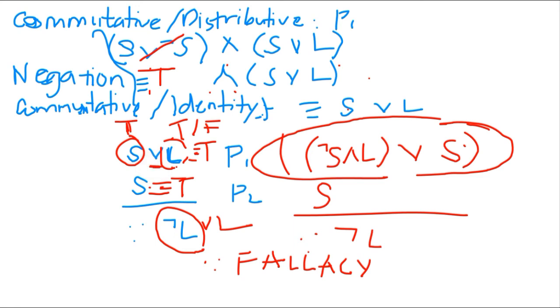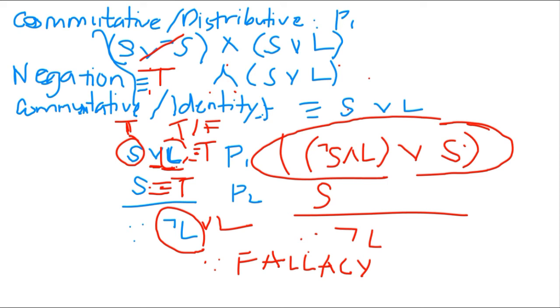So this disjunction will be automatically true if one statement is already true. Doesn't matter if the second statement is true or false. So it's not an implication that it should be not L.